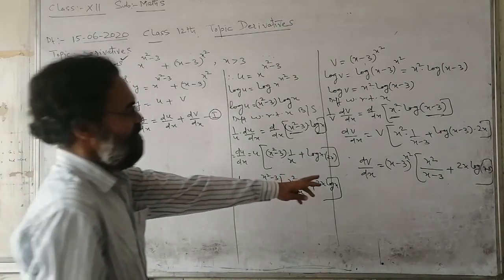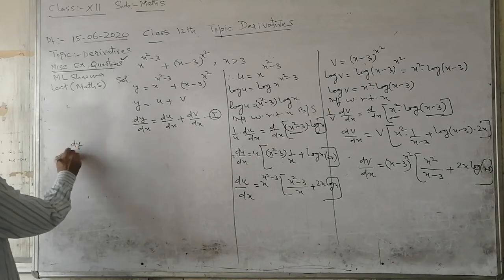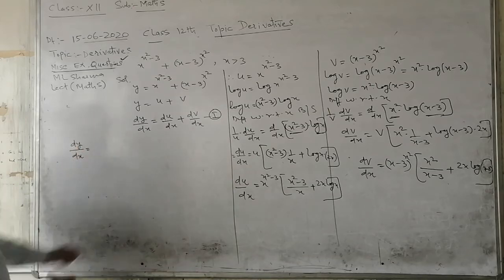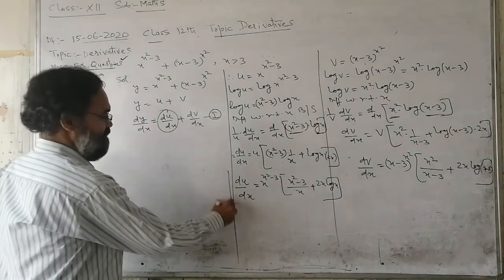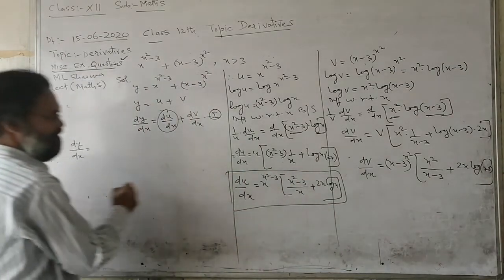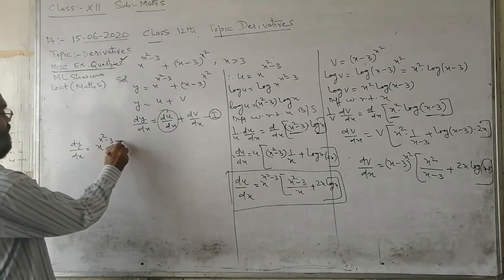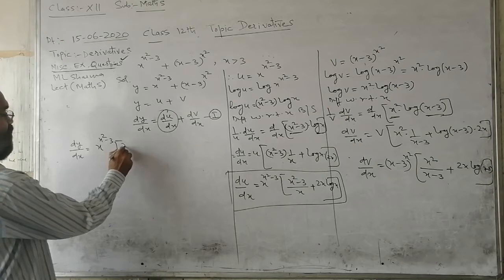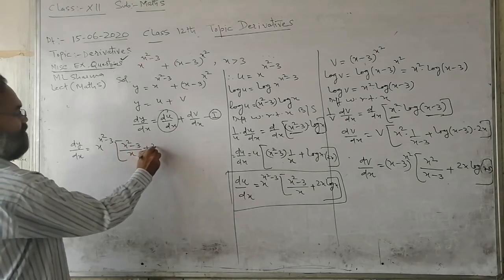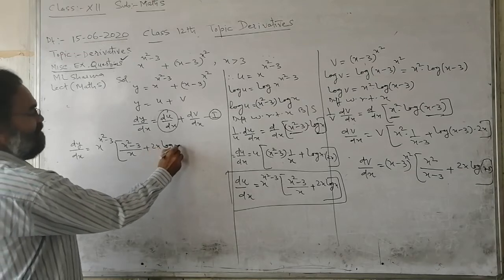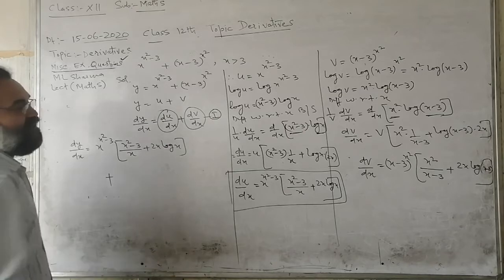Now both the values are known to me. I can put both values here. First, this value: x raised to power x square minus 3, into x square minus 3 upon x, 2x log x, plus the second value dv upon dx.